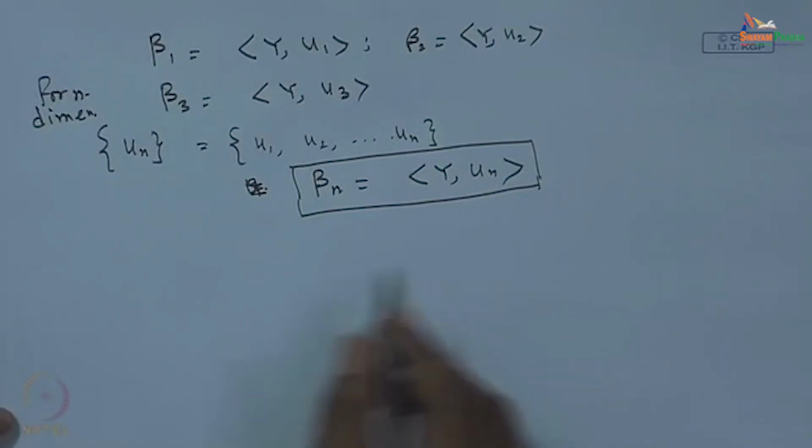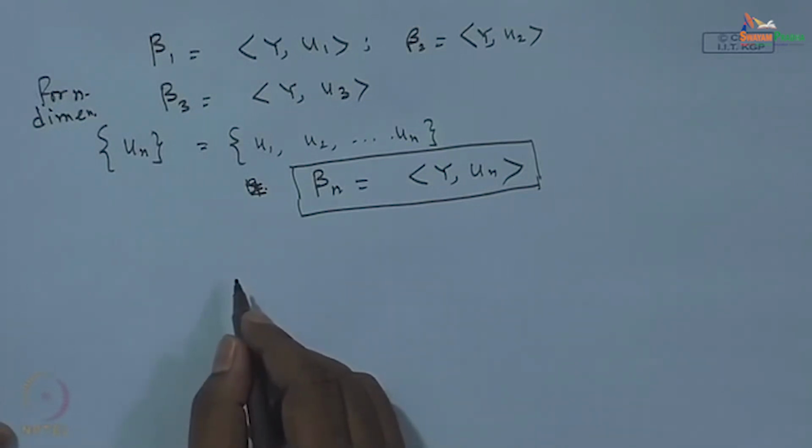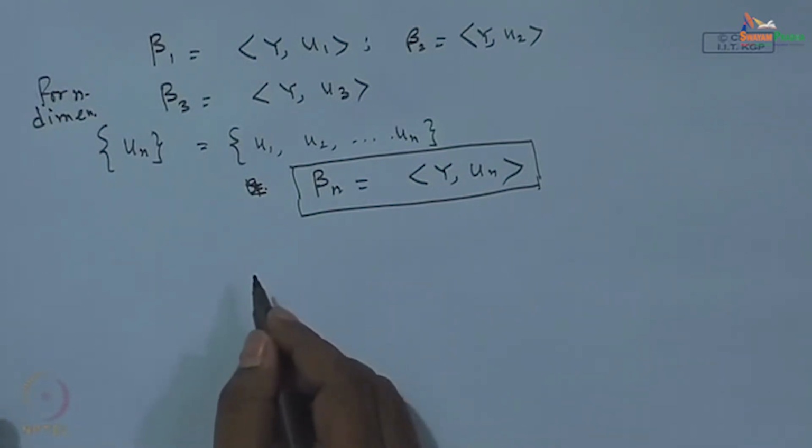So, in this way we can express the vectors as a linear combination of the basis set vectors. Suppose you have a basis set of vectors; it does not ensure that you will get an orthonormal and orthogonal set of vectors.